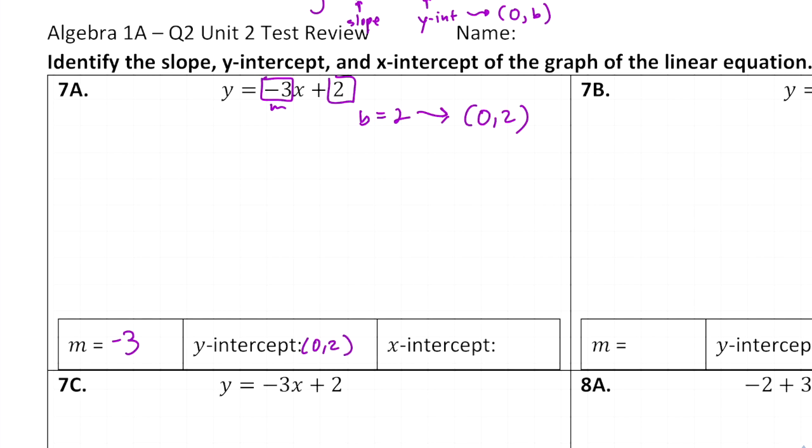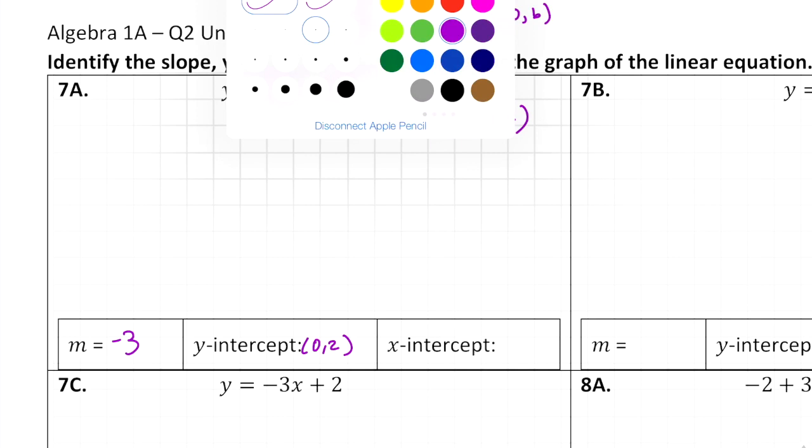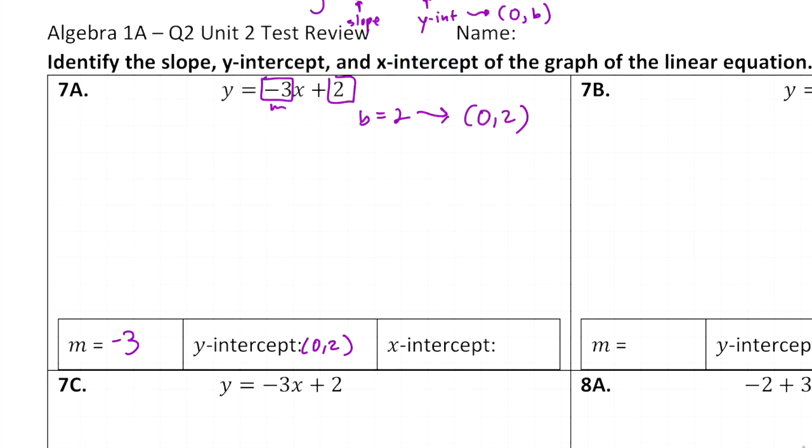The part that has a little bit more work is finding our x-intercept. Now remember, to find our x-intercept, we are setting y equal to 0. So let me do that. Instead of writing y, I'll put that equal to 0, equal to -3x plus 2, and then try to get the x by itself.